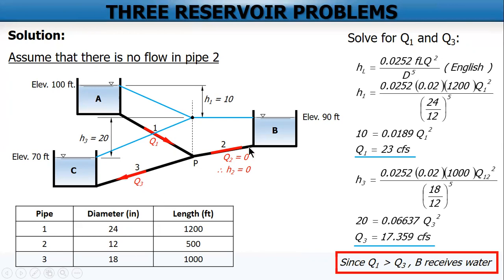In that case, B gives off water. But in this case, Q1 is bigger than Q3, so the difference is assumed to be going to reservoir B. This is a better approach than trial and error.